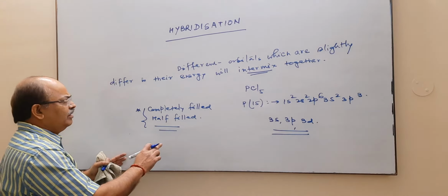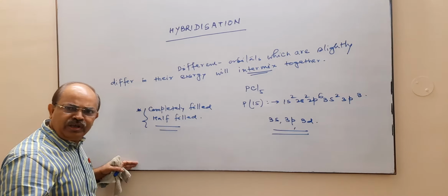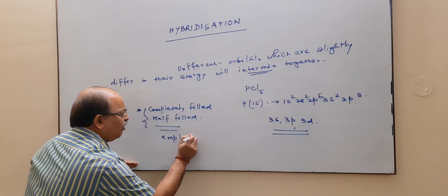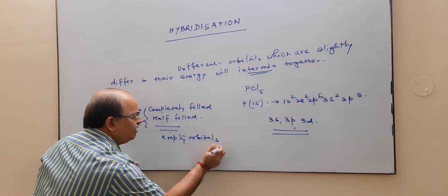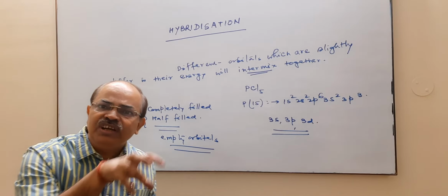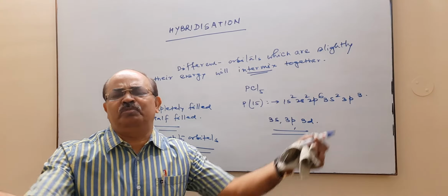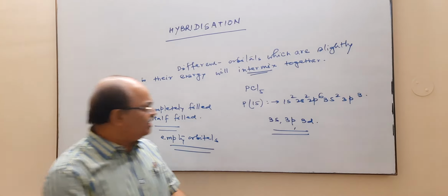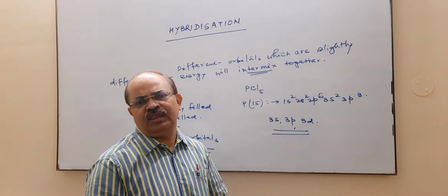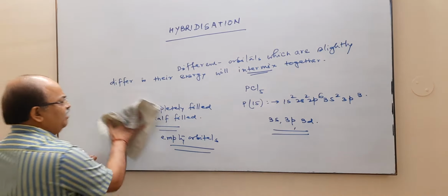So that's why we can say even completely filled, half filled, or even empty orbitals may also take part in hybridization if there is need. अगर जरूरत पड़ी तो, नहीं जरूरत पड़ेगी नहीं देगा. So in this case 3s will mix with 3p and 3d also. One more important point is also very important.